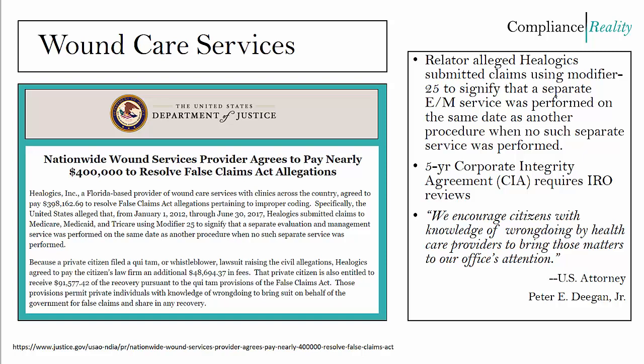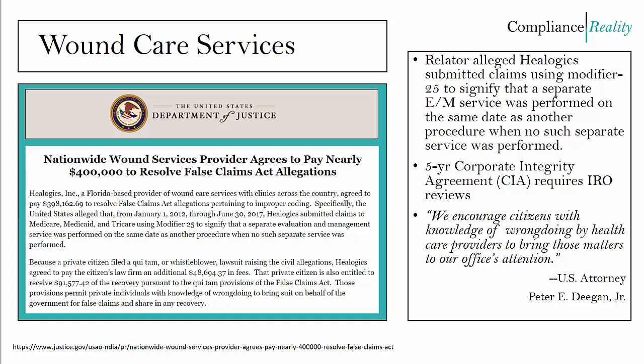In this case, the whistleblower alleged that Healogics, which is a Florida-based provider of wound care, that entity submitted claims using Modifier 25 to signify that a separate E&M service was performed on the same date as another procedure, when no such separate service was performed.